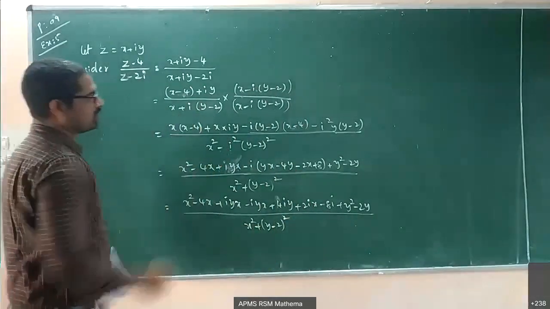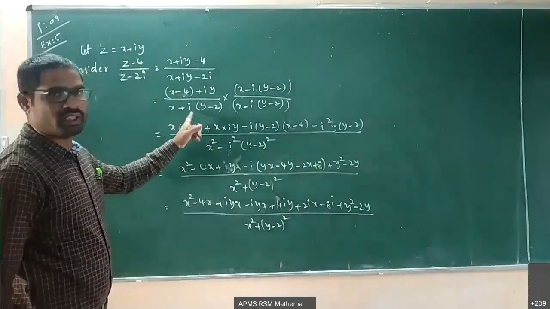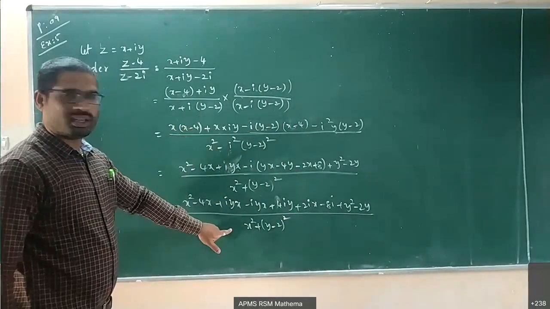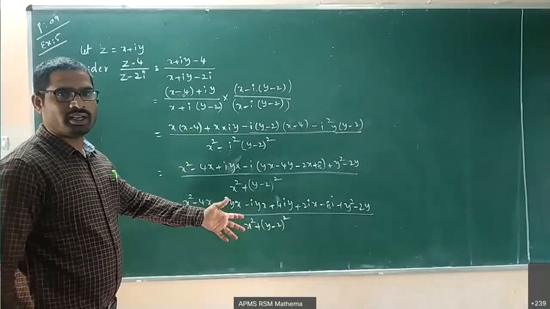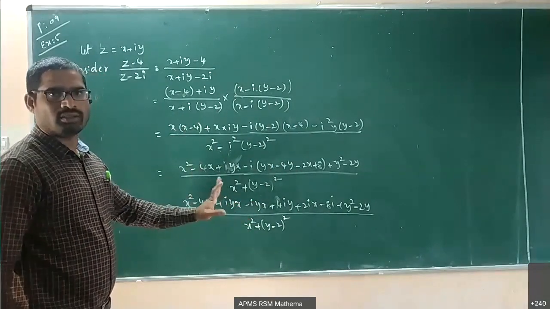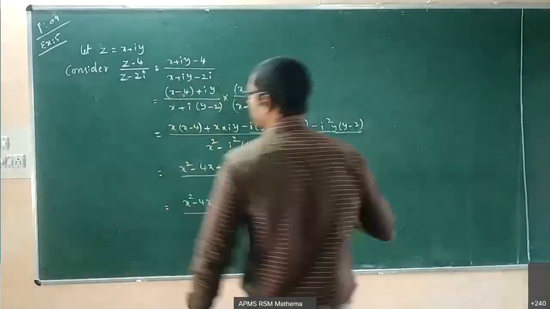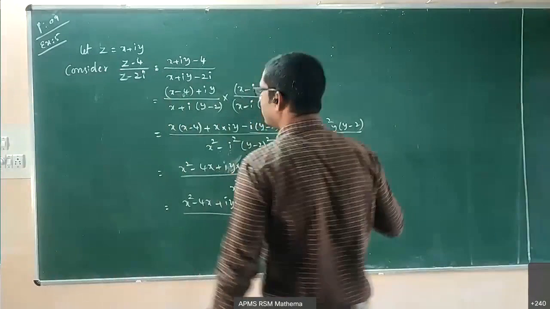So after multiplying with the conjugate of the denominator, we arrive at this. Now we separate the terms with i and without i, the imaginary part as well as the real part.